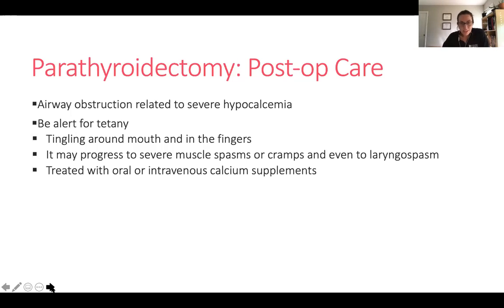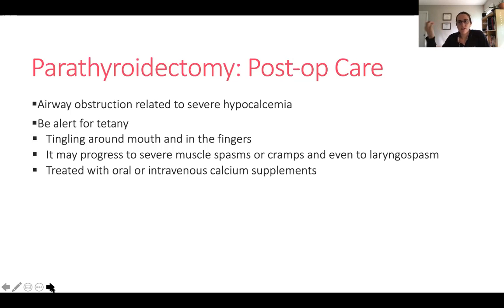So be alert for tetany, which means that they have hypocalcemia. The hallmark signs are tingling around the mouth and the fingers. If they're reporting that, notify the physician right away. That is how it starts out, and as it advances, it could progress to severe muscle spasms or laryngospasm.